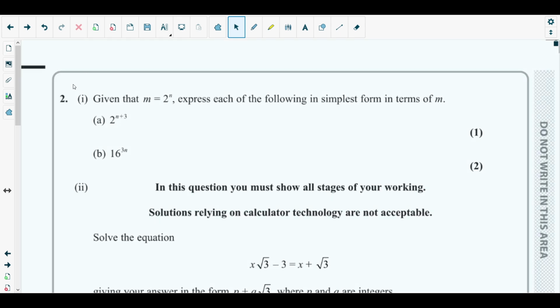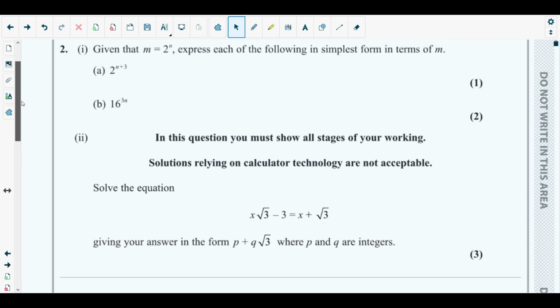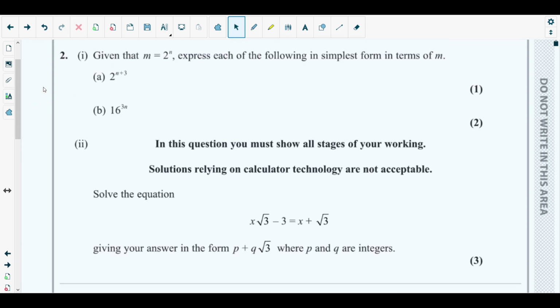Question number 2 is a mixed type question. You need concepts from both exponentials and simplifying algebraic expressions.